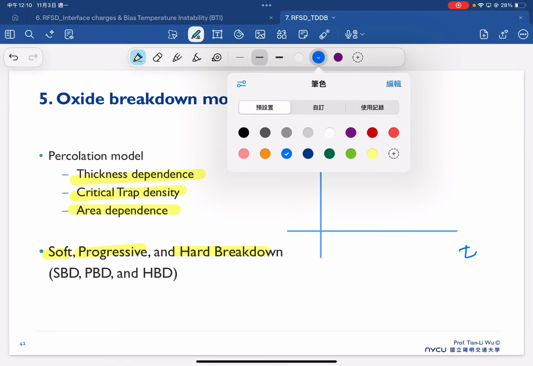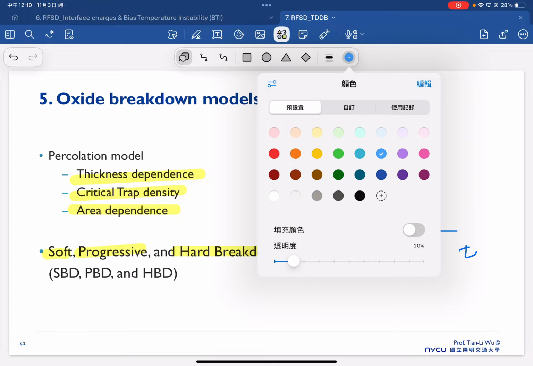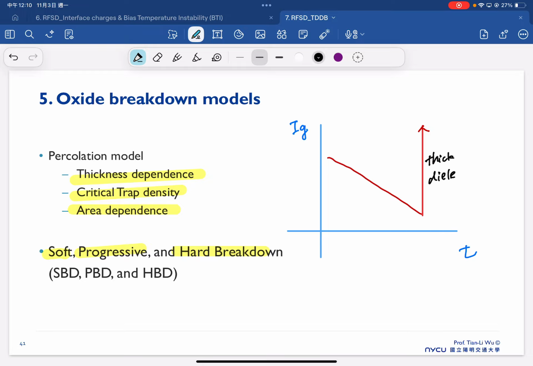The first page shows a very limited case with a very thick dielectric, where we start to see the hard breakdown here. But this is only in the case with a very thick dielectric.